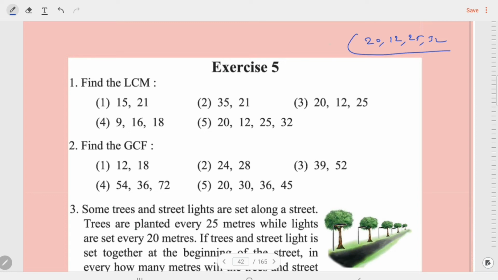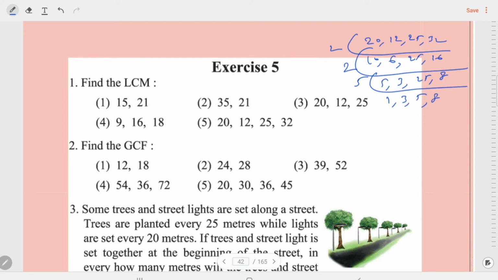The last problem. 2 10s, 2 6s, 2 16s, again 2 5s, 2 3s, 2 8s. Okay, now proceed with 5. 5 1s, 3s, 5 5s, 8.